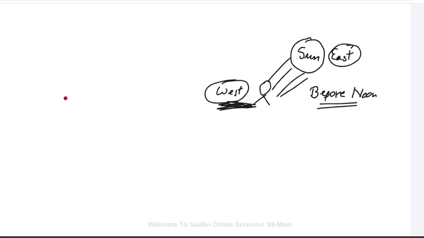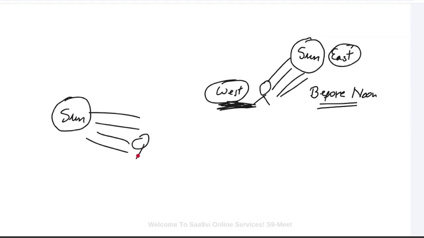In the same way, in the evening, that is afternoon, again the sun is there and the human being is standing there and the shadow goes at the back. Now, this time the sun is in west because it is evening time, afternoon or evening. And the shadow this time is going to be in east.